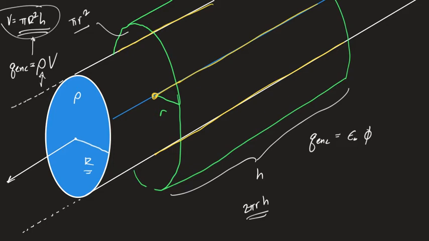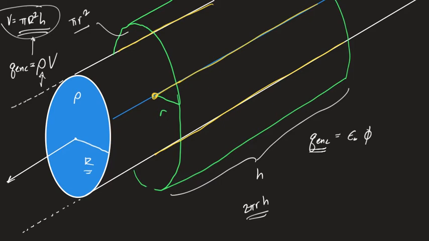Getting back to this, I'm trying to put all this together, but this is the hard part, convincing you of the geometry of what we're looking at. So the enclosed charge has to be how much of the charged cylinder is inside the Gaussian surface. I need the volume of the amount of the charged cylinder inside my Gaussian surface. I define my Gaussian surface to be h big.